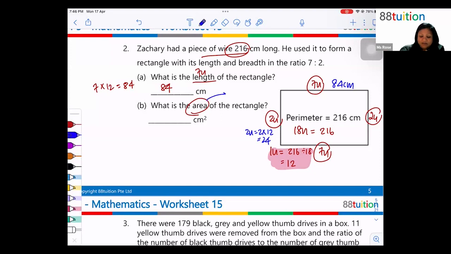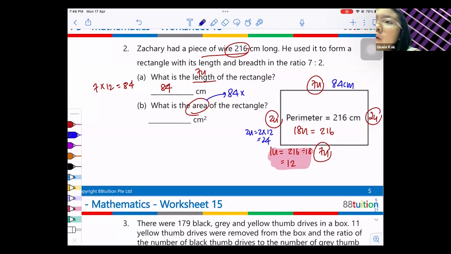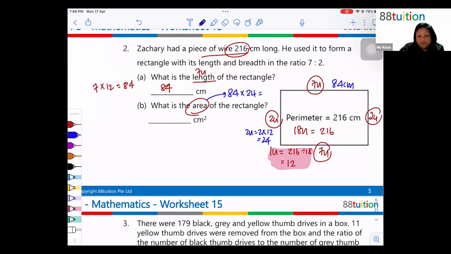So to find the area of the rectangle, you take the length, 84 times 24, to give me 2016.